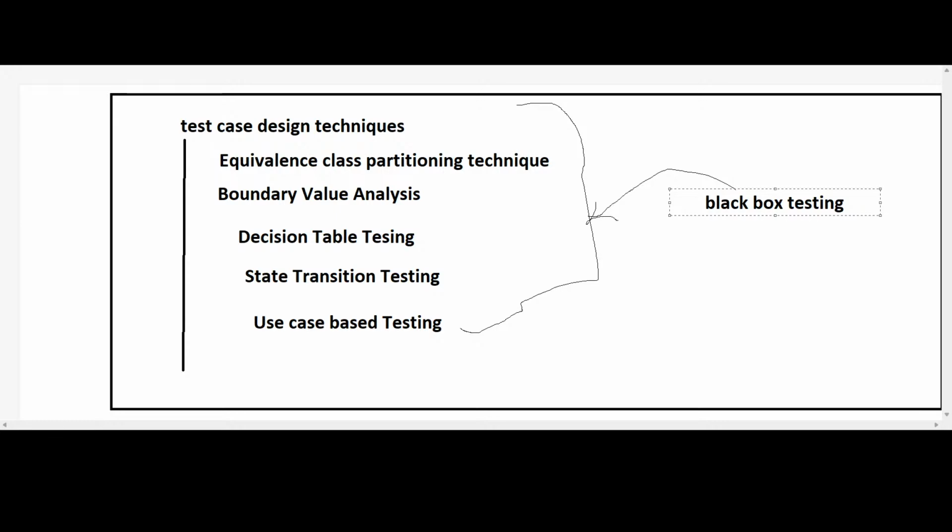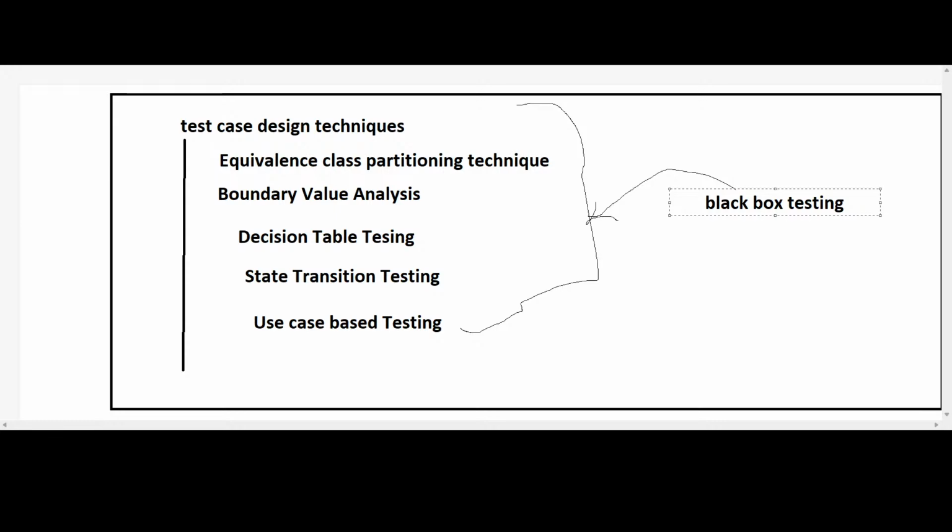So as per the ECP technique, we are going to identify all the possible input conditions to validate that particular login functionality. With the help of the ECP technique, I can test whether that text field is accepting numerical values or not.